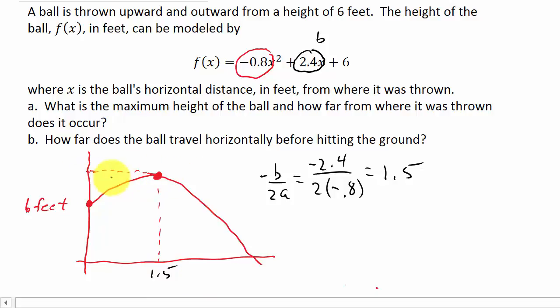Now we need to find the y coordinate of the vertex. To find the y coordinate, we just take the 1.5 and plug it in for x. So f of 1.5 is equal to negative 0.8 times 1.5 squared plus 2.4 times 1.5 plus 6.